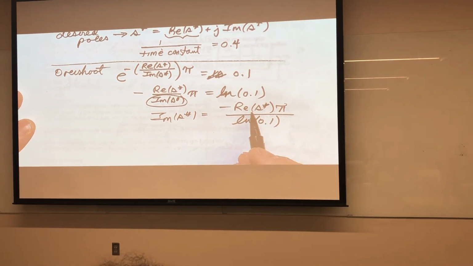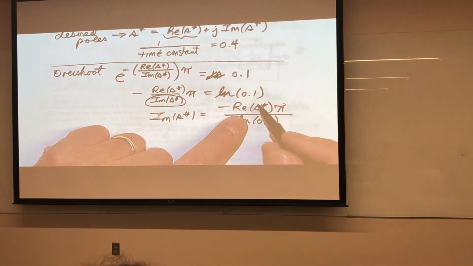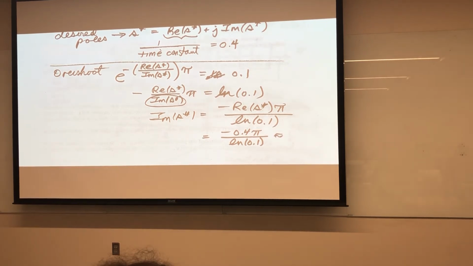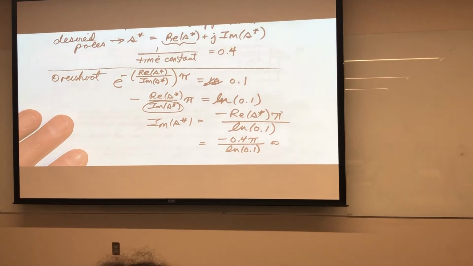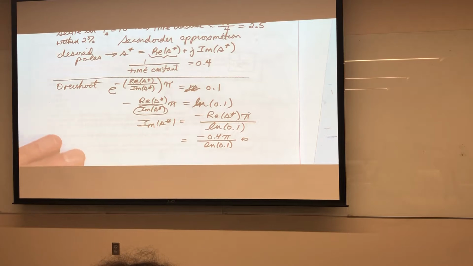So maybe somebody can plug in this for me. The real part of S star is 0.4. So I get minus 0.4 pi divided by the natural log of 0.1. Okay, so somebody plop that into your calculator and tell me what you get.